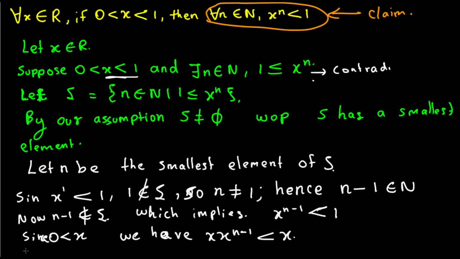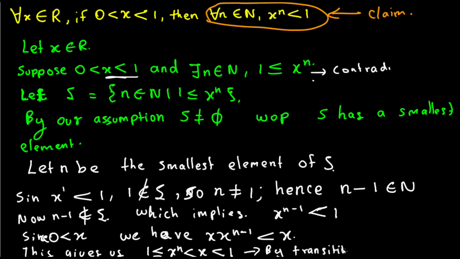This gives us 1 is less than or equal to x power n, less than x, less than 1. By transitivity, 1 is less than 1, which is a contradiction.